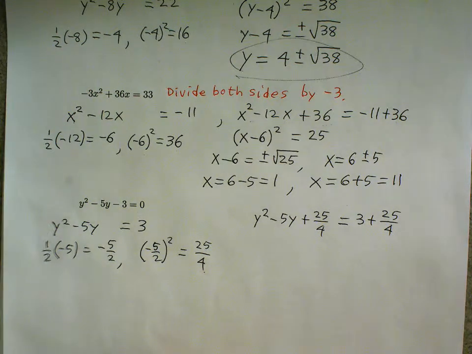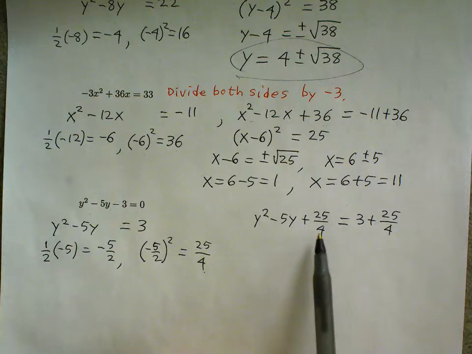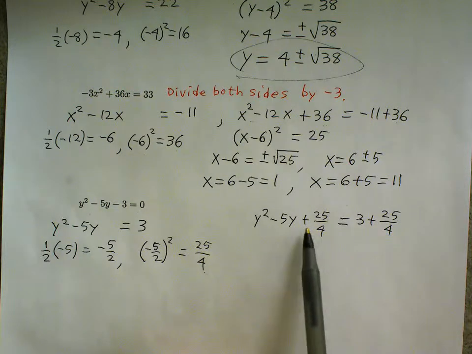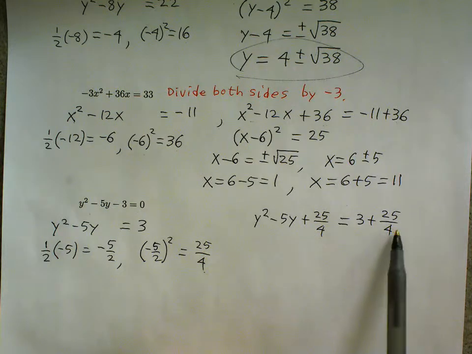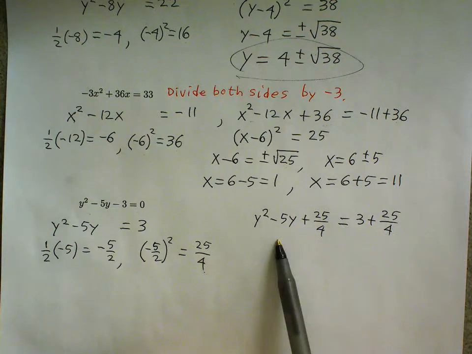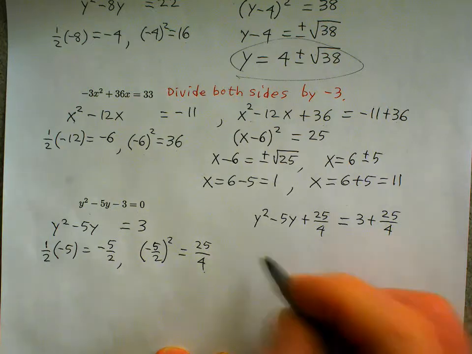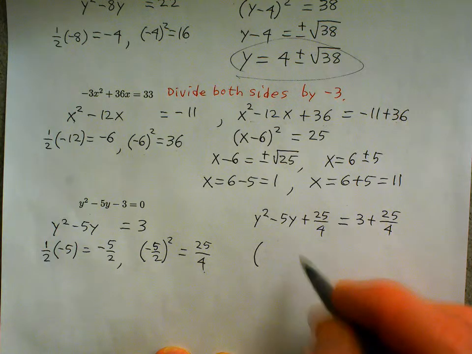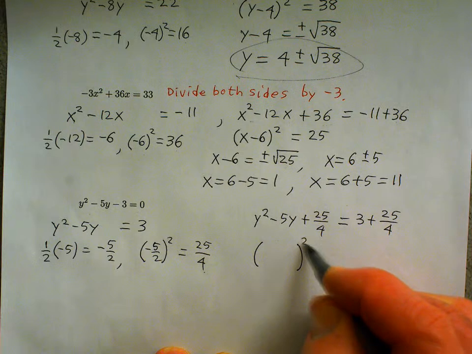Okay, so in algebra and arithmetic, whatever you do to one side of the equation, you must do to the other side of the equation. The left-hand side is a perfect square trinomial. So we can write it as a binomial squared.